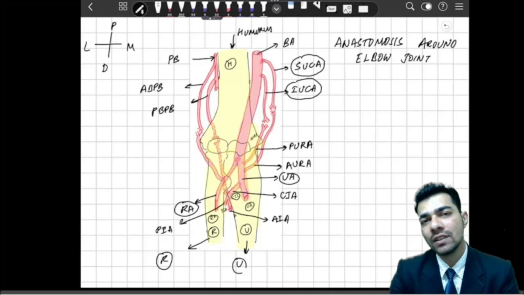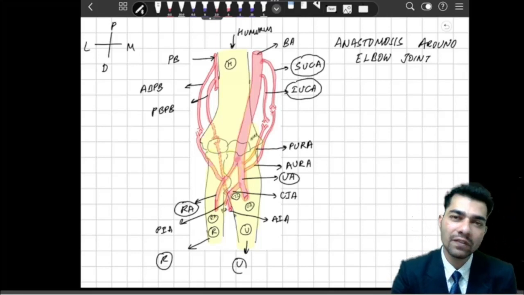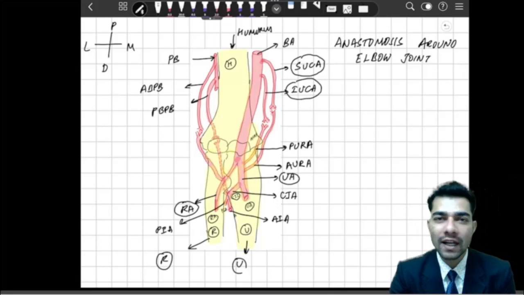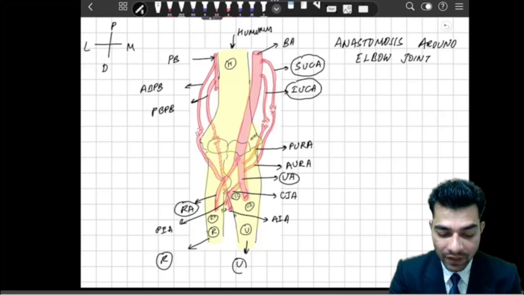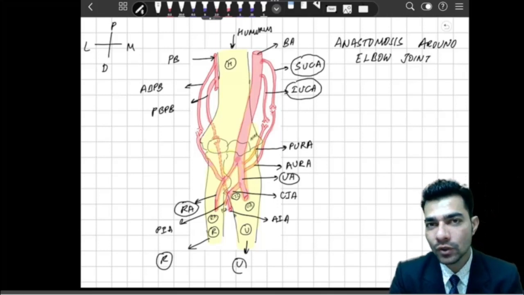These are branches of the common interosseous artery, which is in turn a branch of the ulnar artery.